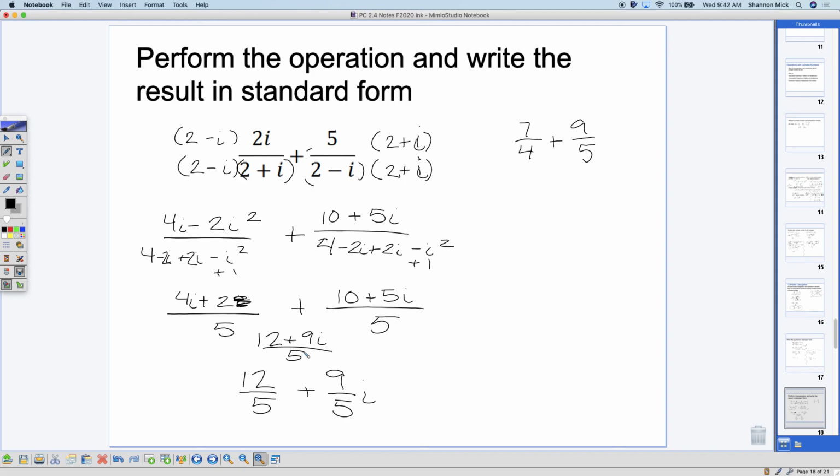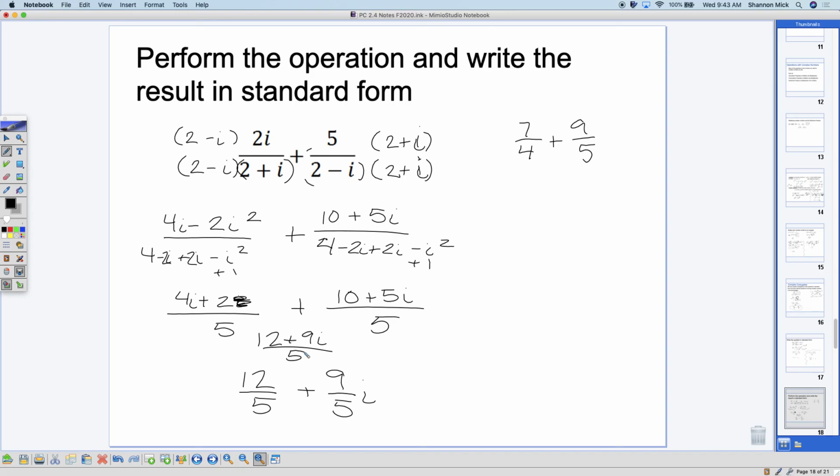With the 4i plus 2, you take 4i plus 2 and add that to 10 plus 5i, because you have common denominators. You just combine.